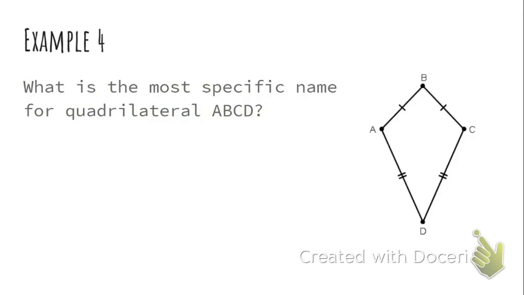We don't know if we have any parallel lines here. However, the property that we are given in those markings fits the description of a kite. So if you have two pairs of adjacent sides congruent to each other, you should know that it's a kite.